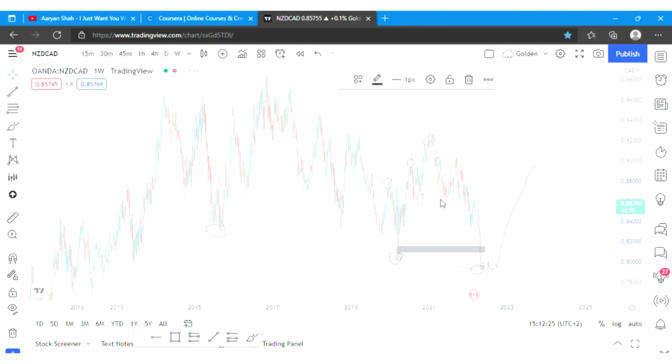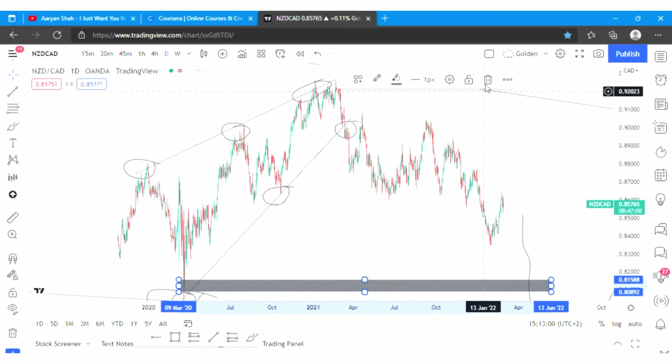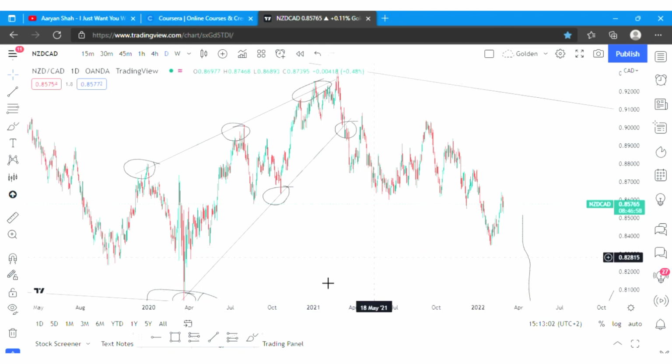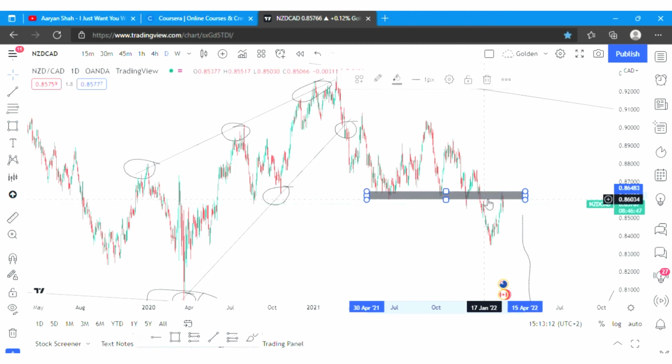After retesting those levels, the market will continue to move to the downside. So here we are on the daily, and if we remove some of the things that are no longer necessary, we can see that level right there, which to me the market is just retesting.